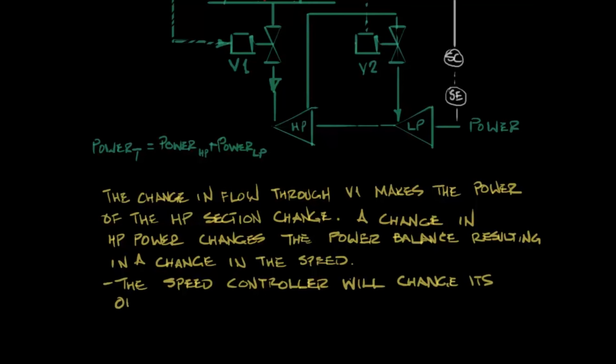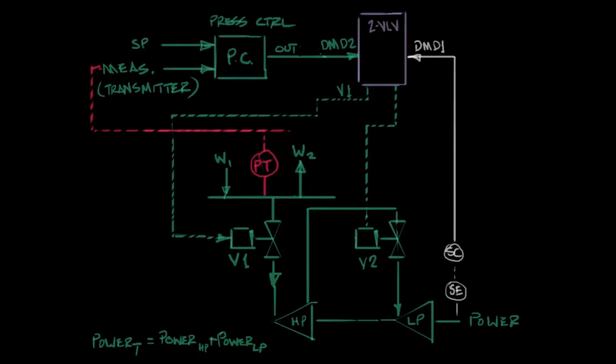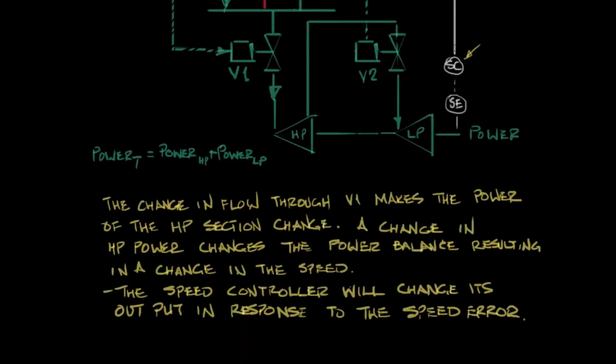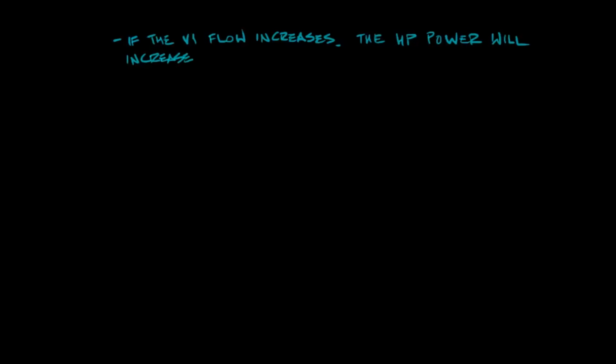So our two-valve algorithm is clever enough to know that any change that we make in V1 is going to change the horsepower contribution of the high pressure section, and so V2 has to make up for that by pinching off to keep the power in balance. So if the V1 flow increases, we're going to see an increase in the power through the high pressure section of the turbine.